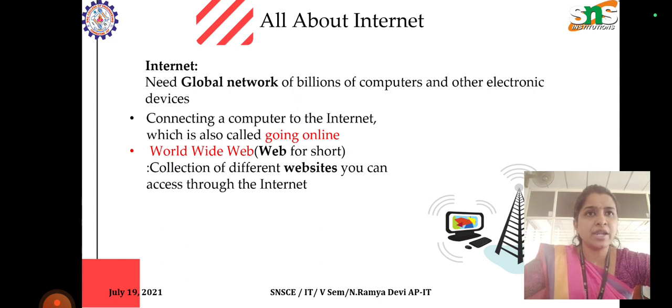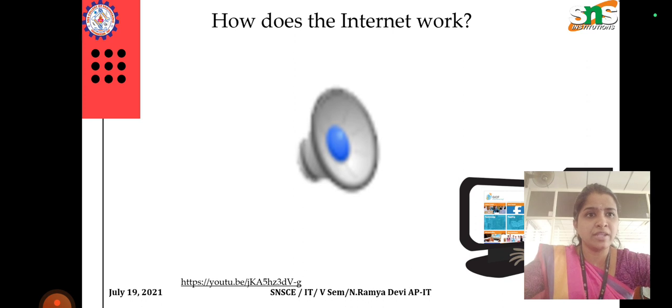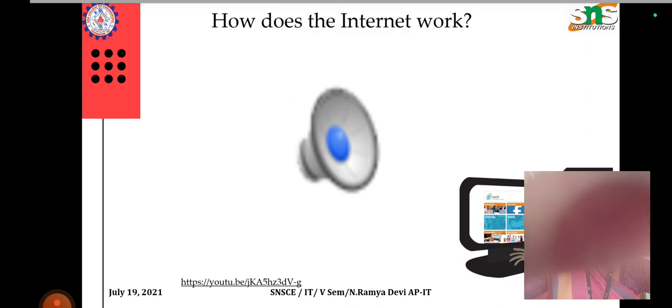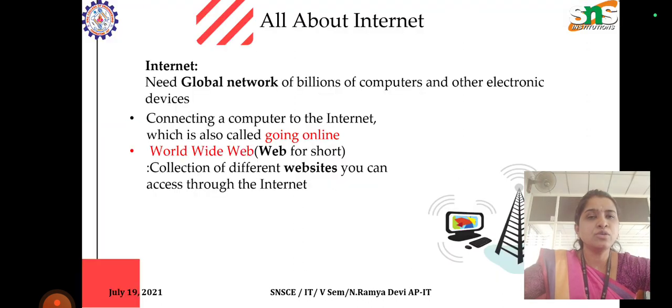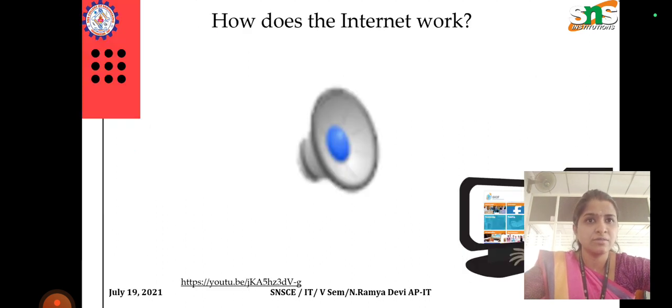We need to connect our standalone system to the internet so that we are able to share the information among it. Connecting our standalone system to another system, or to billions of other networks, is called the internet. It is also called the World Wide Web, or web for short. It is a collection of different websites you can access through the internet.